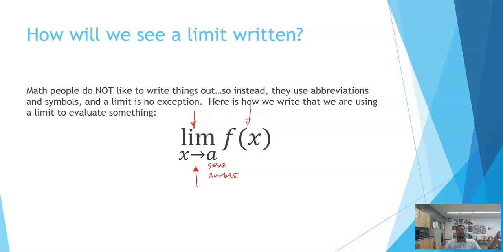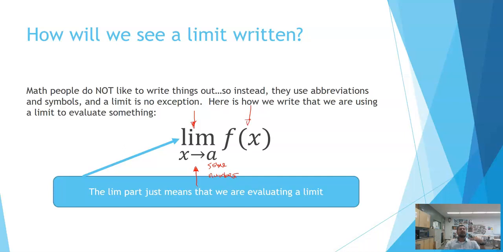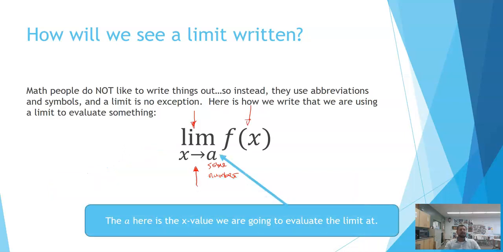The way that we say this is, first of all, anytime you see LIM, we say that we are going to evaluate the limit. The next part, where we have x with an arrow pointing to a, the way that we say that is x approaches a. What that means is, just like we talked about before, if we are interested in the y values really close to a specific function value, we need to know what x value it is that we are getting really close to.